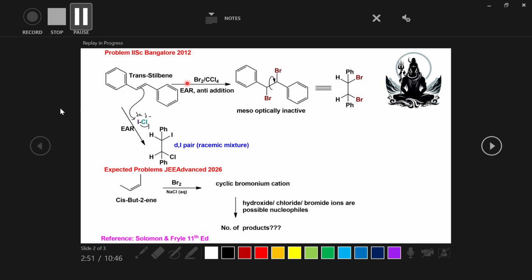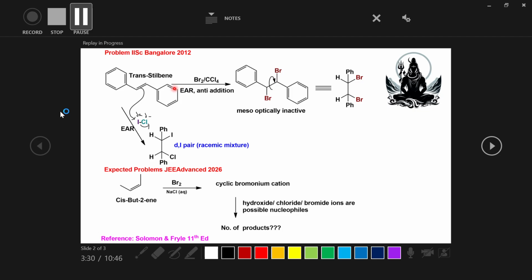So you can now imagine that this pi bond will attack one Br of the bromine molecule, and that bromine will add as an electrophile. And if you cleave the bond, you are getting a cyclic bromonium ion. Now, the bromide ion can attack any of this. Let's think that we have already formed it.